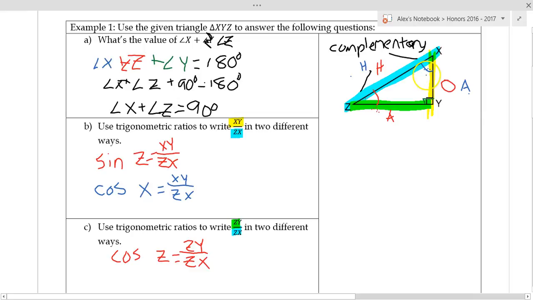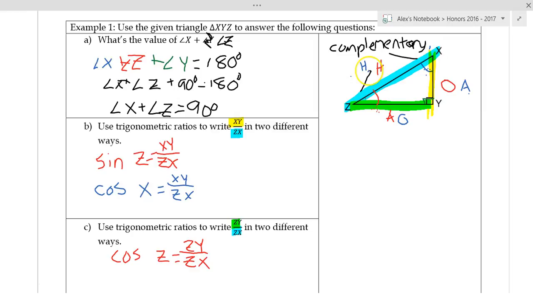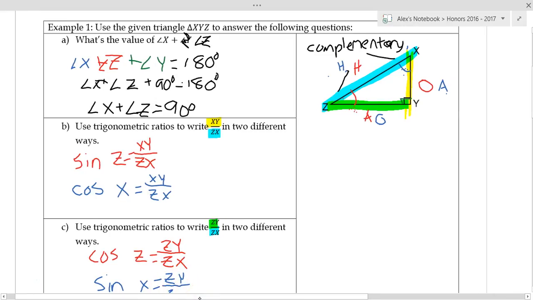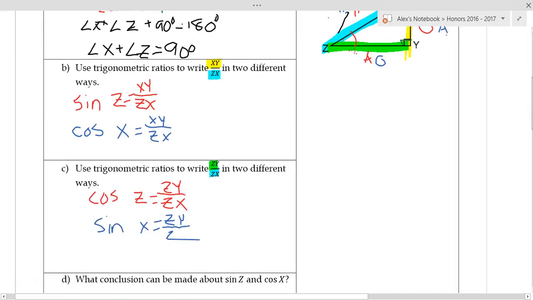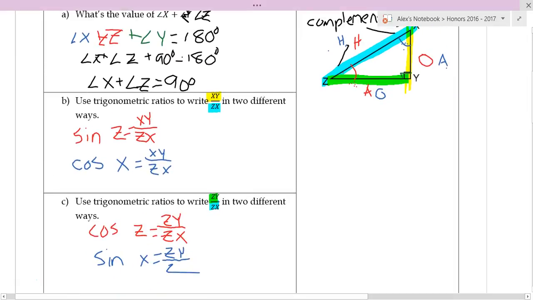But if I look at angle X, this side is the opposite side, so I have opposite and hypotenuse. So for X, the sine of X equals ZY over ZX.